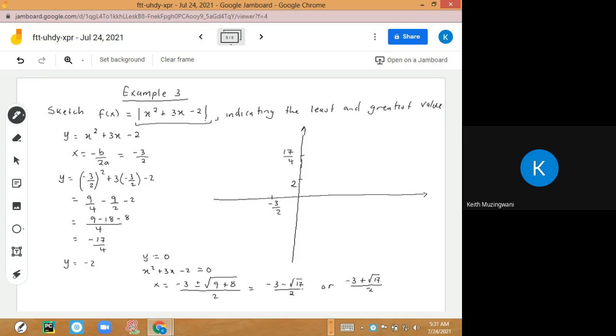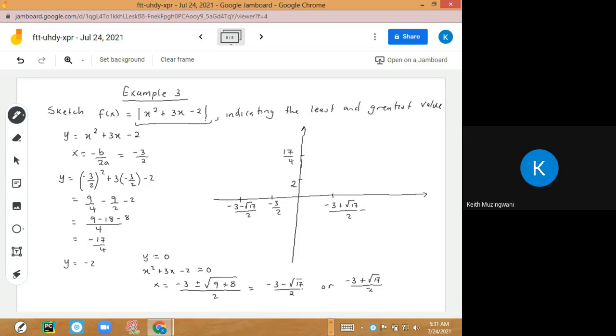So root 17 is bigger than 4. So 4 point something minus 3 is a positive number. So we have -3 plus root 17 over 2. On the left, it will be -3 minus root 17 over 2.